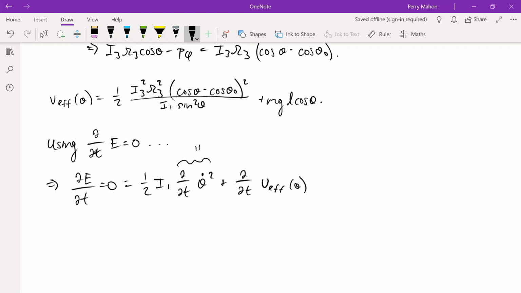So this is d theta by dt d by d theta of theta dot squared.